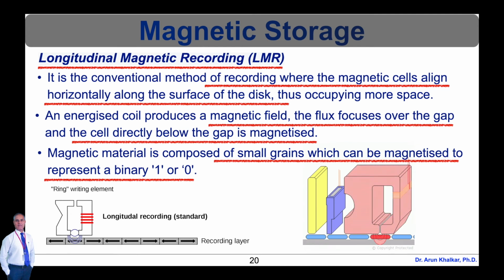Thermal energy is the biggest enemy of magnetism because it causes the grains to realign randomly, thus losing the magnetism. The grains of magnetic media are so small that even thermal energy changes within the air can cause the magnetism to change. The longitudinal magnetic recording (LMR) is shown in these diagrams.